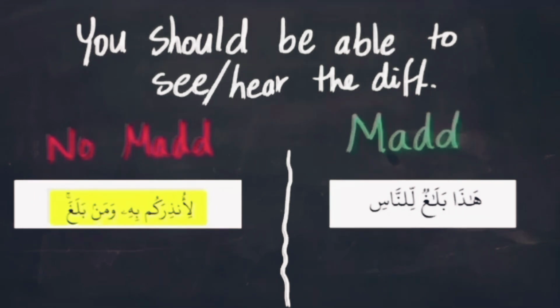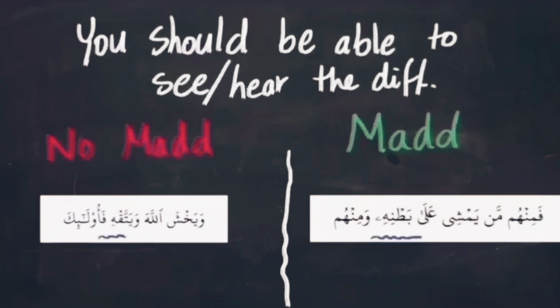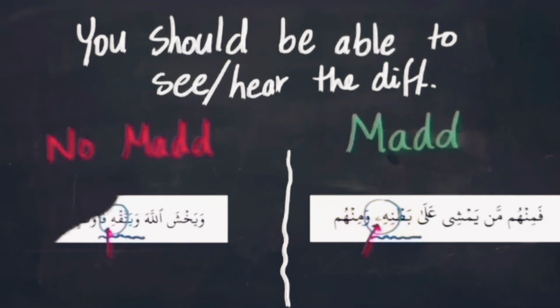لِأُنذِرَكُمْ بِهِ وَمَنْ بَلَغَ هَذَا بَلَاغٌ لِلنَّاسِ. And these. وَيَخْشَى اللَّهَ وَيَتَّقْهِ فَأُولَئِكَ فَمِنْهُمْ مَنْ يَمْشِي عَلَى بَطْنِهِ وَمِنْهُمْ.